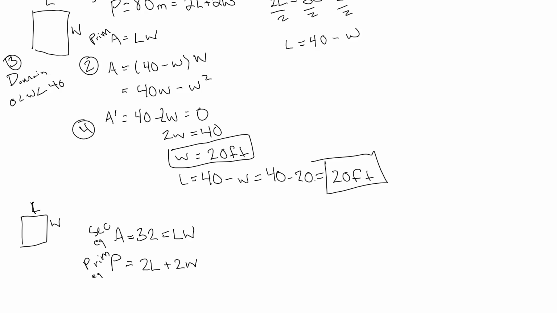So we solve our secondary for a variable. And when we do that, we'll have L equals 32 over W, or 32W to the negative 1. Substitute that in.